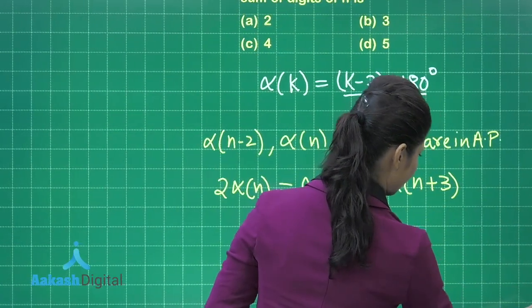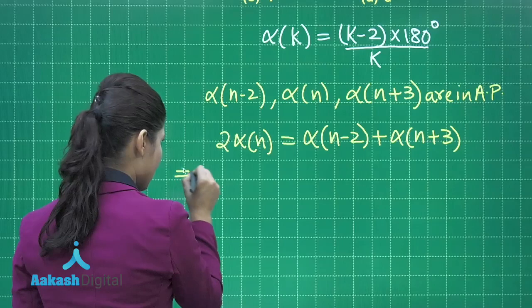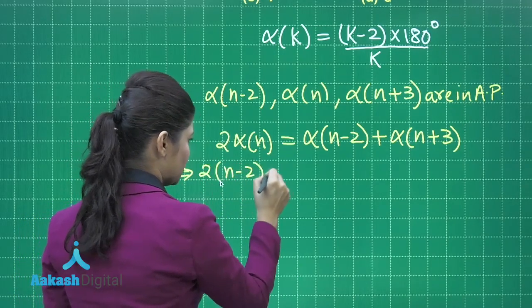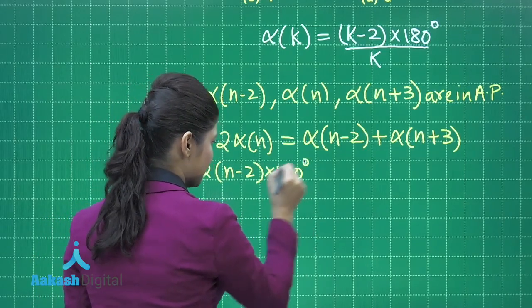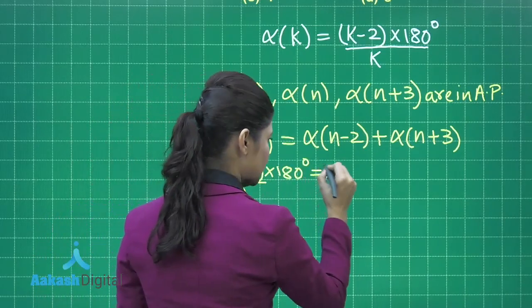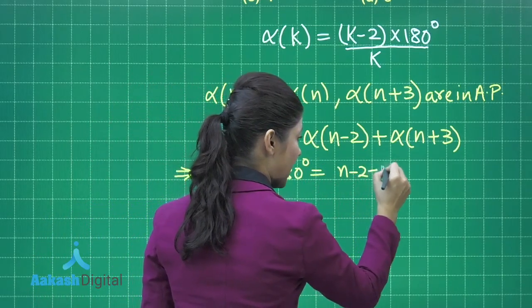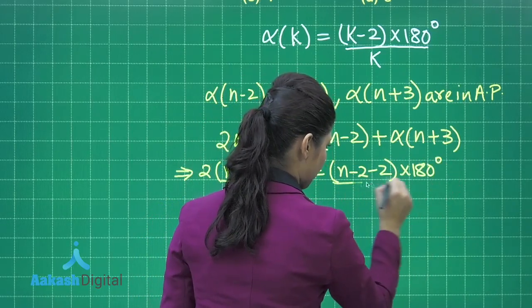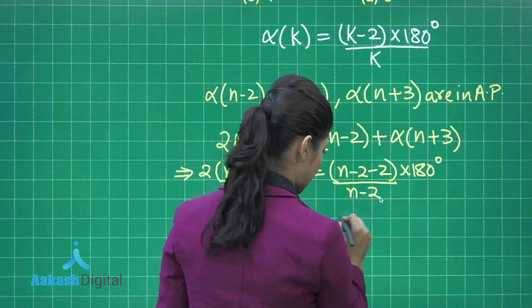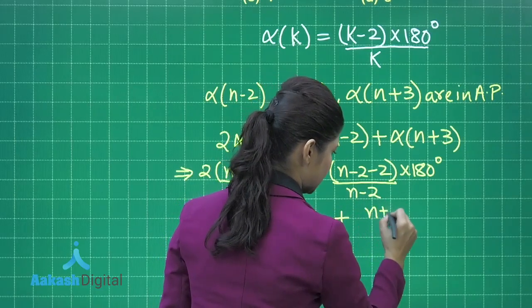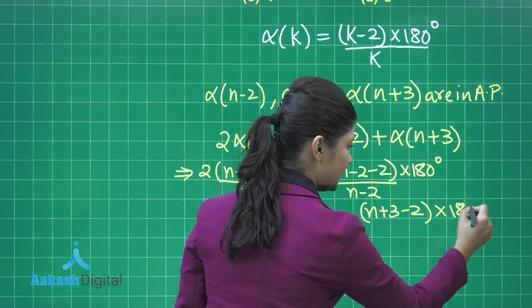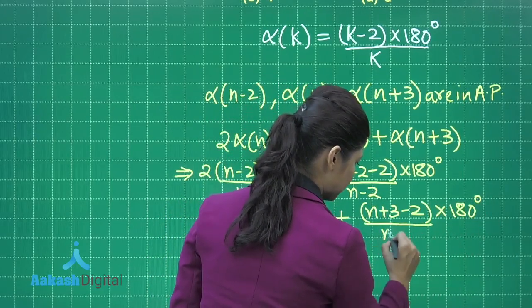Through that you will obtain an equation that we have 2 into n minus 2 into 180 degrees upon n is equal to n minus 2 minus 2 into 180 degrees upon n minus 2 plus n plus 3 minus 2 into 180 degrees upon n plus 3.